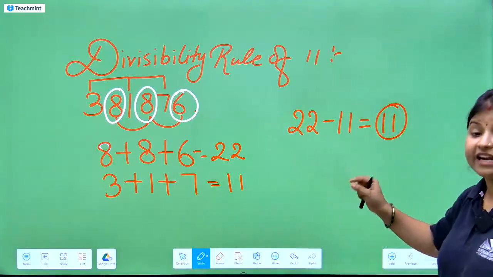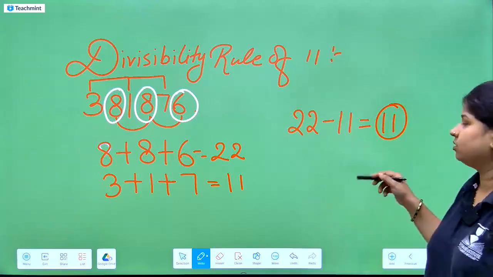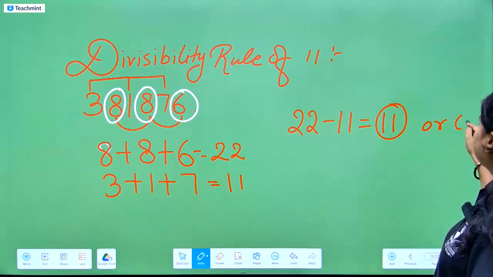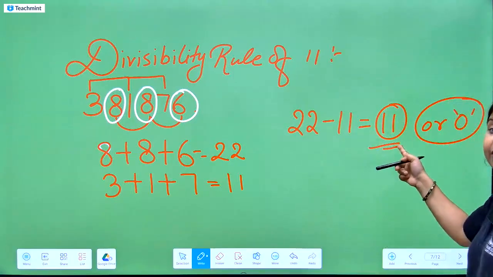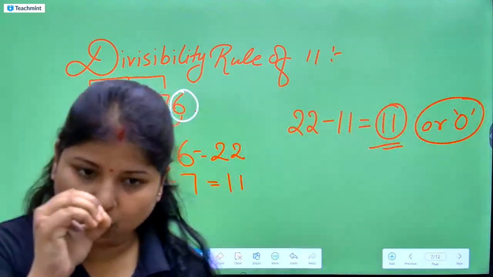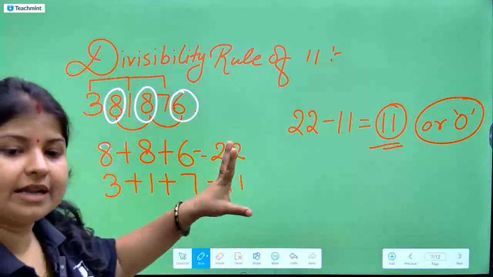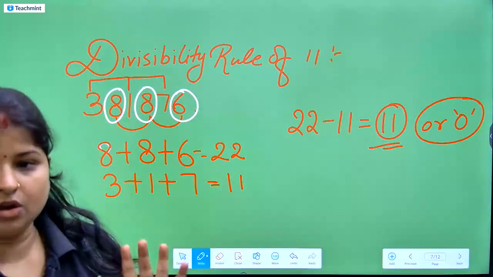After subtracting, if the result is divisible by 7 or 0, the number was divisible. And here, if the result is divisible by 11 or after subtracting you get 0, then also the number is divisible by 11.